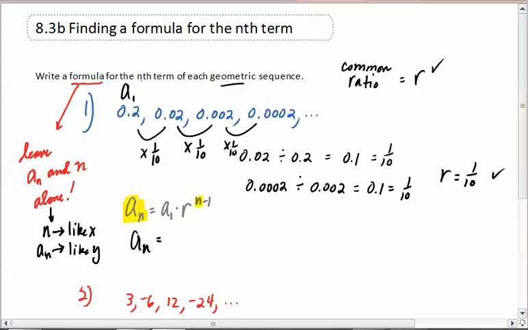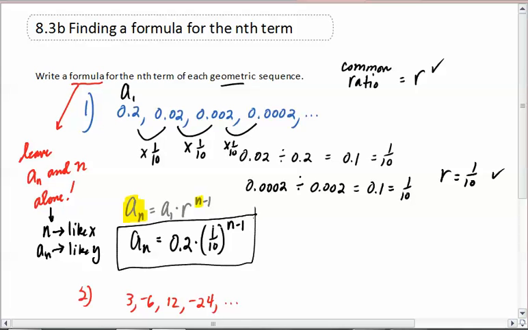Well, a sub 1 is this first position, so I'm going to write 0.2. My r I found was 1/10. Now I need to put it in parentheses because it's going to have an exponent. If it's a fraction, I need parentheses so I can write an exponent. And then I leave the n alone. So believe it or not, this is the answer. This is the formula for the nth term.